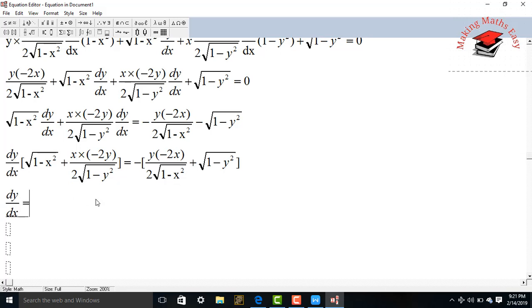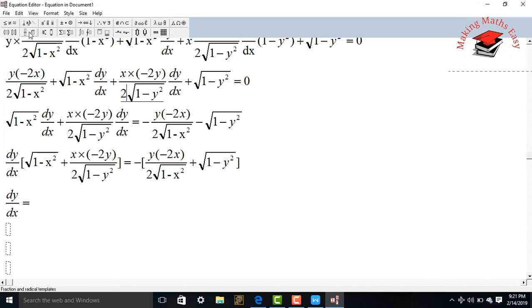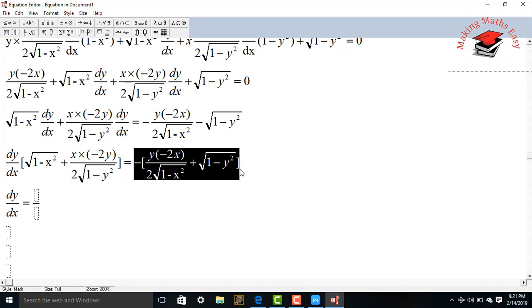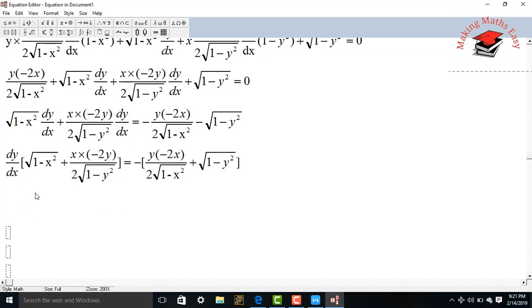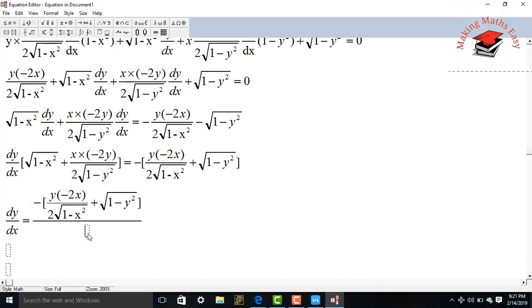My dy by dx will be equal to this function divided by the corresponding function. So my dy by dx will look like this in this case.